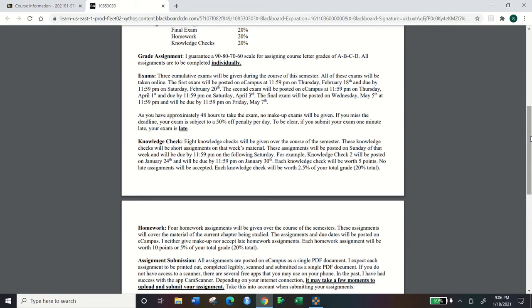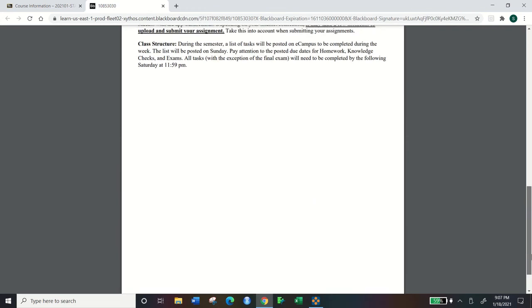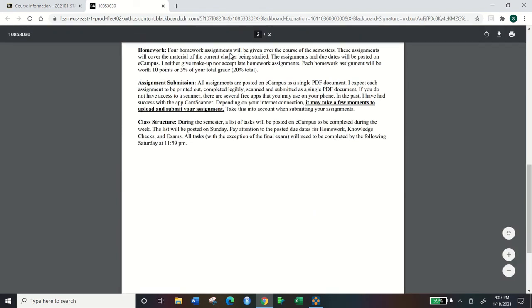You will have the previous Sunday, Monday, Tuesday, Wednesday, and really almost the whole day Thursday to study for the exam or arrange your other course schedules so that you can focus on completing your exam. So this is as far as I wanted to talk about the course syllabus.